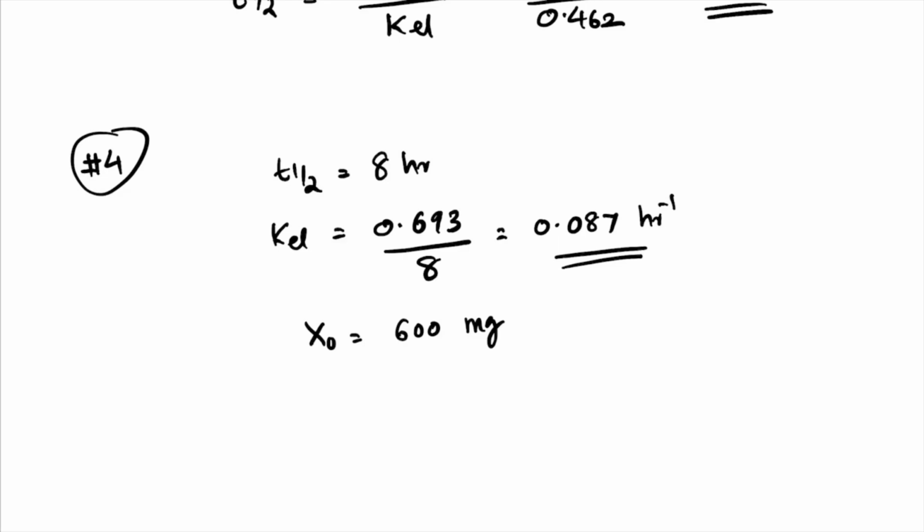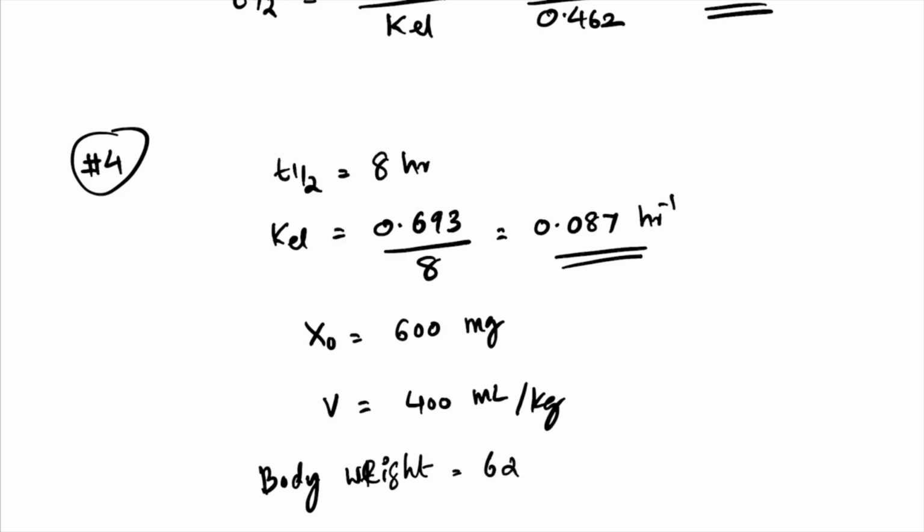The volume of distribution is given as 400 milliliters per kilogram, and the patient's weight is 62 kilograms.